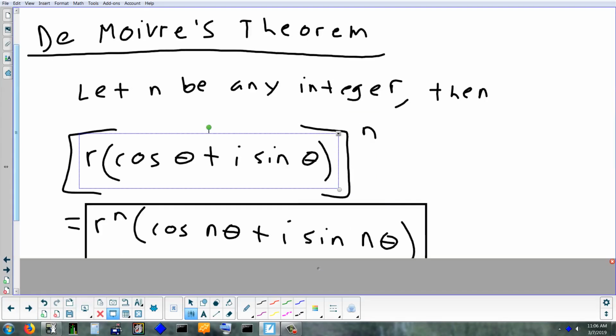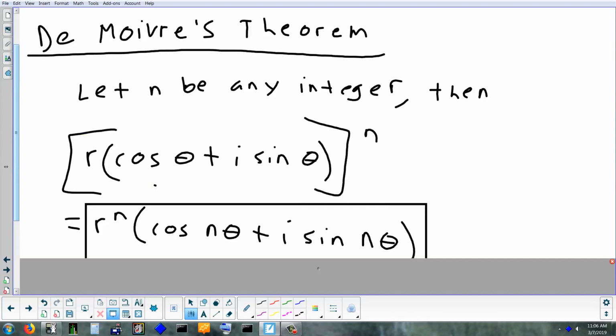Take the radius, raise it to the power. Take the angle, multiply it by the power. And that's it. So it gives you a very, very easy way to raise a complex number to a power without having to FOIL maybe 100 sets of parentheses.